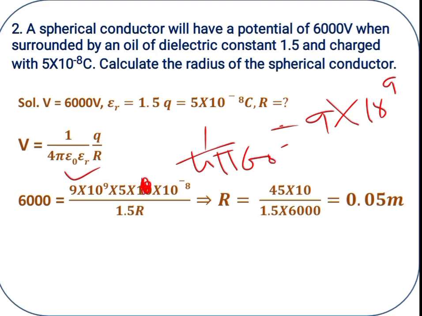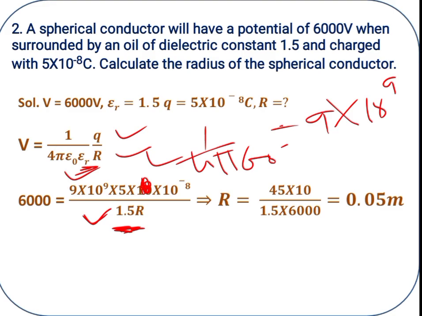Okay, 5 into 10 raised to minus 8, that is the charge value, and epsilon R is the dielectric constant of the medium. Epsilon R is different for different mediums. If we consider oil or water, glass, for all these mediums the values are different. So here we consider the oil and the value is given, that is 1.5, R as it is.